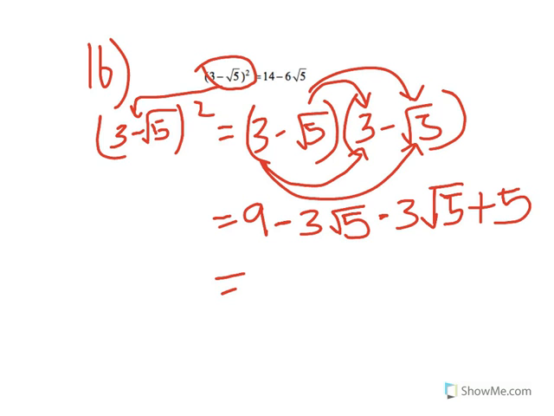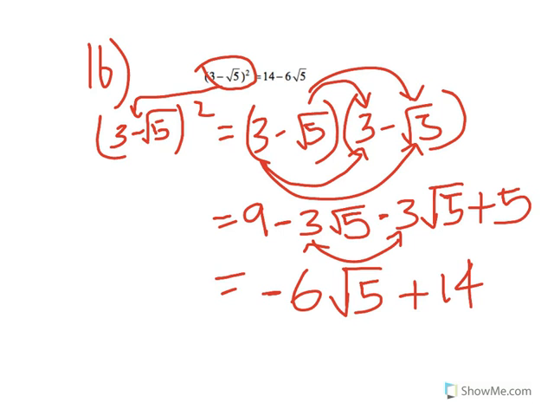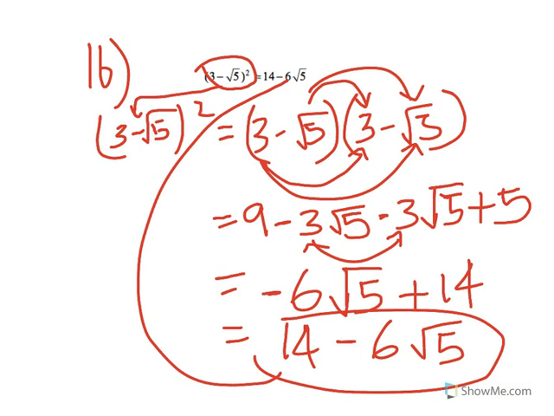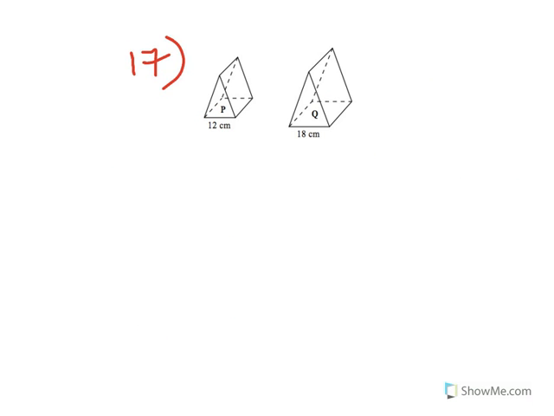So 9 plus 5 is nothing but 14. Negative 3 minus 3 is negative 6 root 5 plus 14. So that means if we just arrange it properly, it would be 14 minus 6 times root 5, which is equal to this side. So you've proved it.